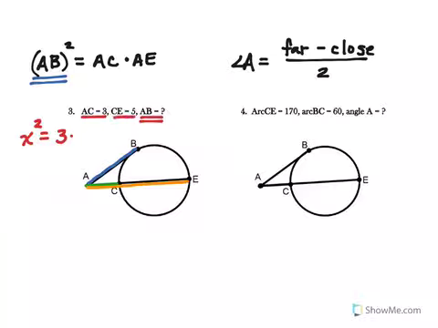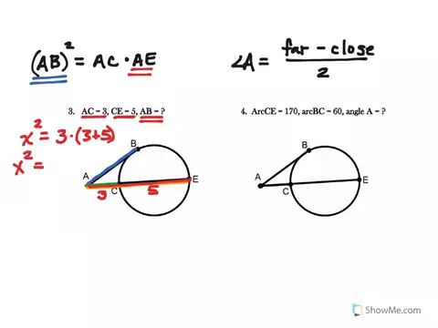CE is 5, so if A to C is 3 and C to E is 5, then the length of AE, the length of the whole, is going to be 3 plus 5, or 8. So we'll write times 3 plus 5, or 8. And then it's just quick computation here.